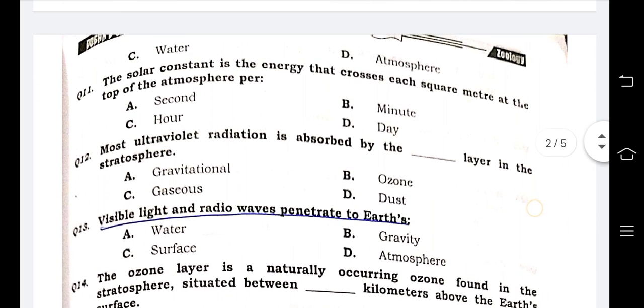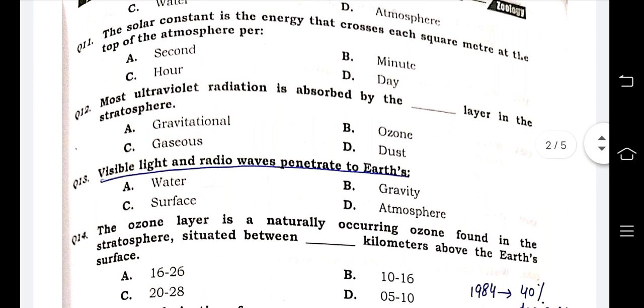Option D. The solar constant is the energy that crosses each square meter at the top of atmosphere per second, minute or day. Solar constant is the energy that crosses each square meter at the top of atmosphere per second.